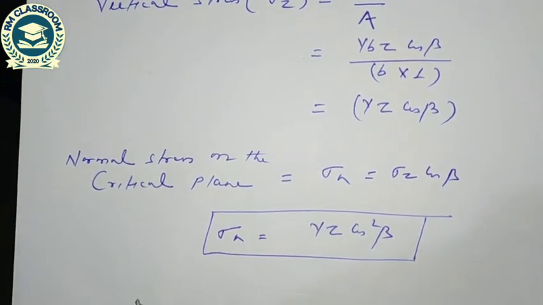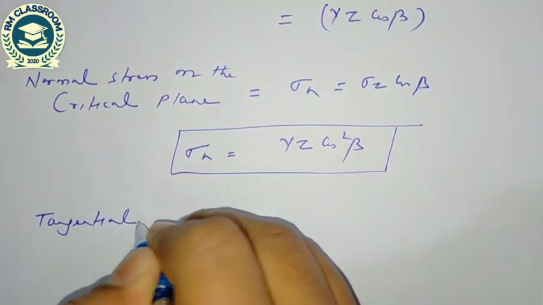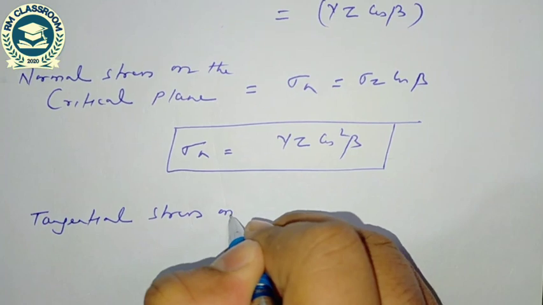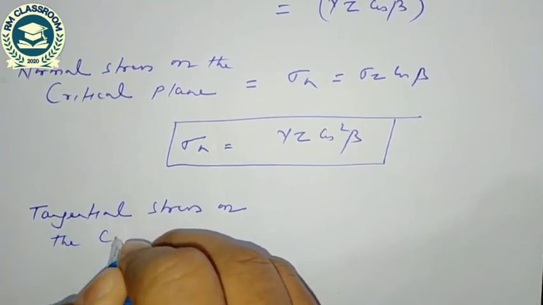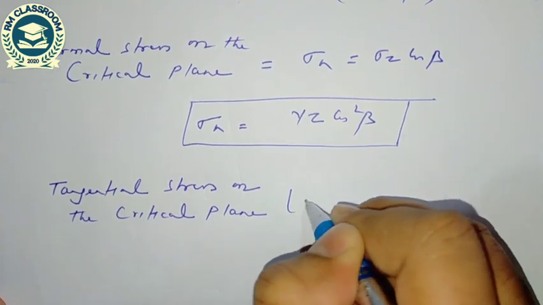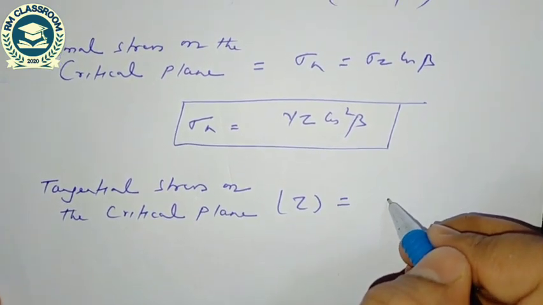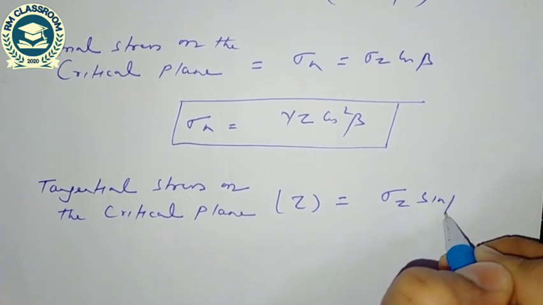Similarly, tangential stress on the critical plane, tau is sigma Z sin beta.